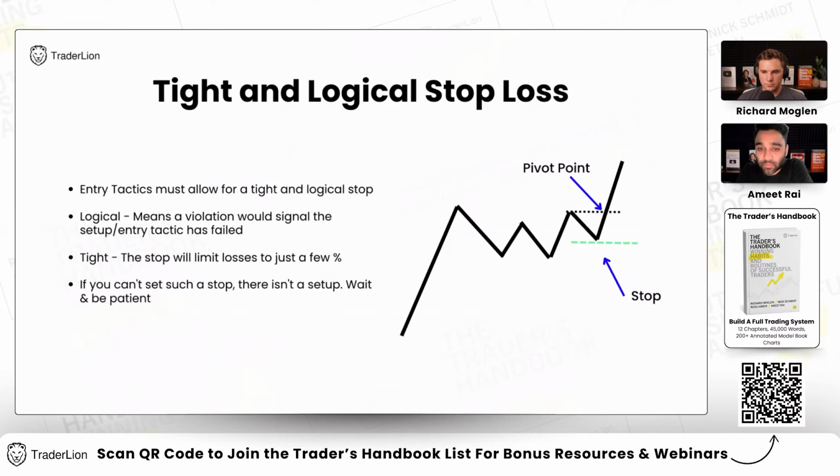That's too volatile for me. 3 to 6%, 3 to 5% is doable. I've learned how to manage risk on those ones, and I'm more comfortable in those, right? And you may be different. It's all about defining where you think the tight and logical stop is and what kind of open risk and volatility you can stomach at the end of the day.